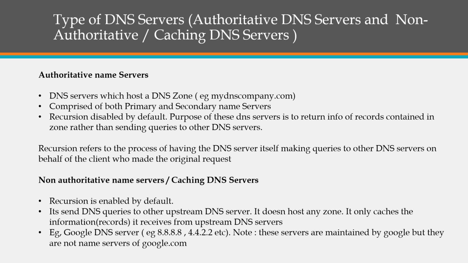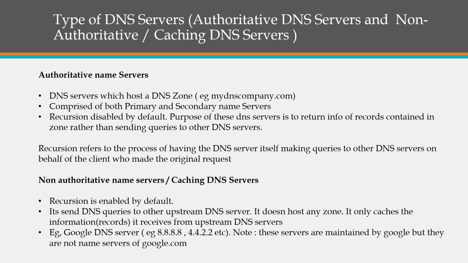Whereas the purpose of an authoritative name server is not to forward queries to its upstream DNS servers. Instead, its purpose is to return the record information that a particular zone has to other DNS servers requesting that information.